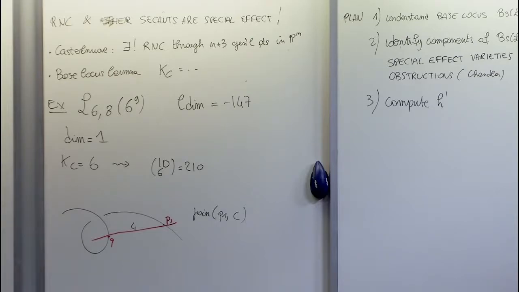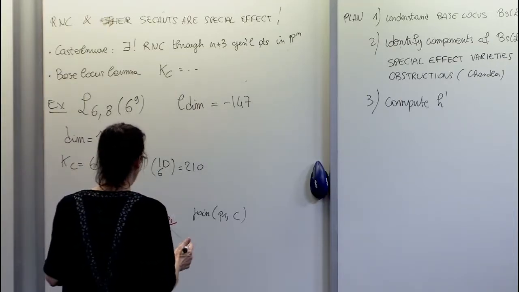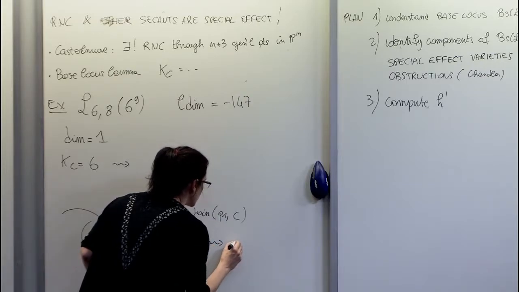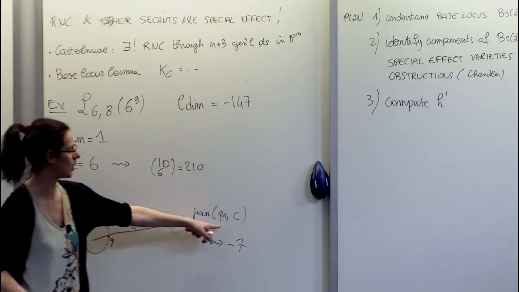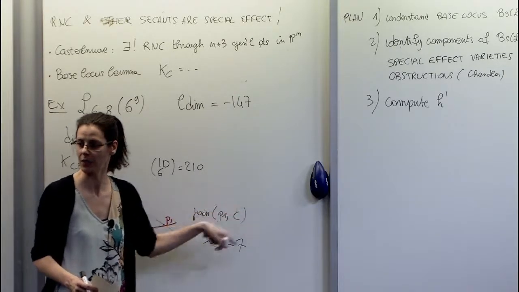So if I use the formula for the plane, and I believe that this formula is actually good also for that, then I get a negative number, and I get minus 7. But I have 9 of them, because I only took P1. I can take all the other points.